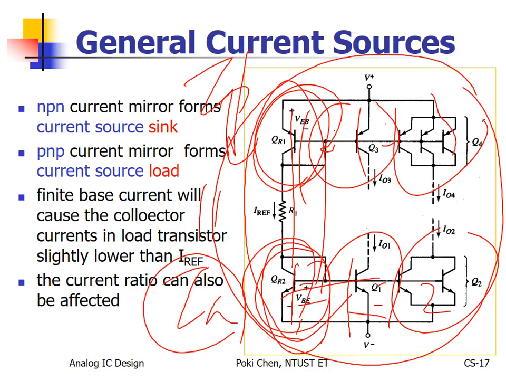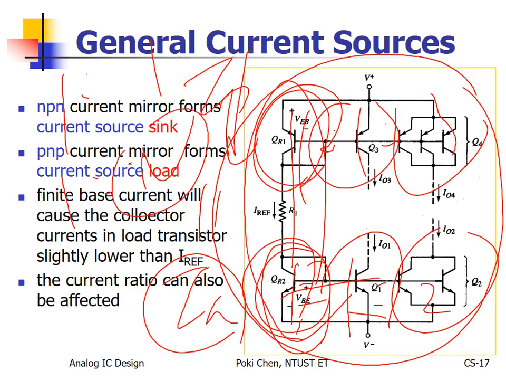Bingo. That is what you need for your bias network design on chip. But even till now, there is still something missed, because I only told you how to generate 1 to 1 or 1 to n, where n is an integer.